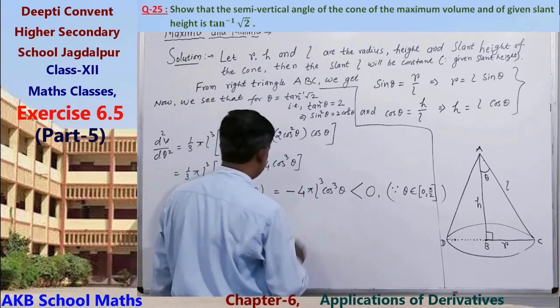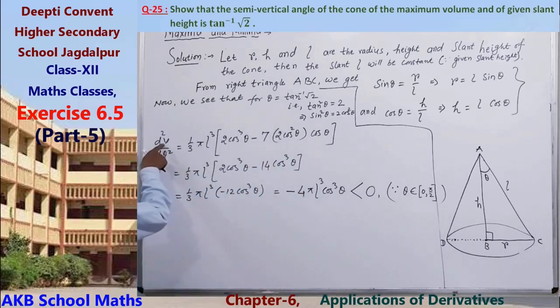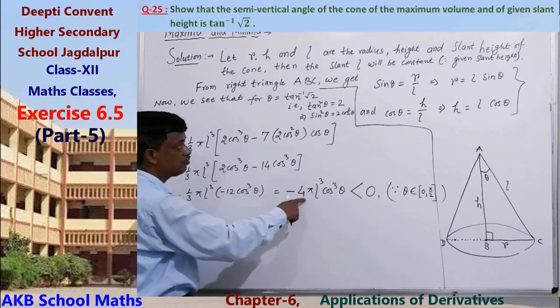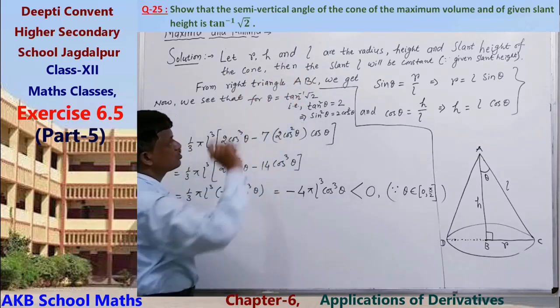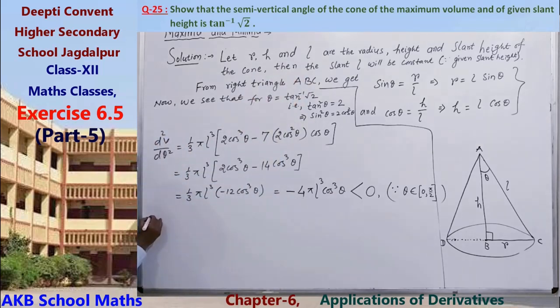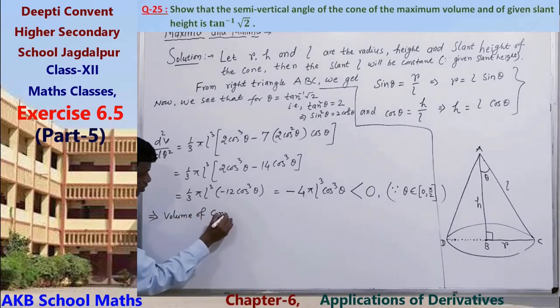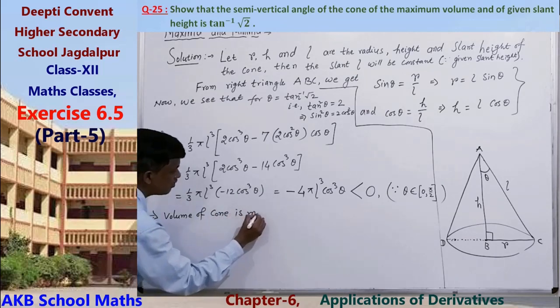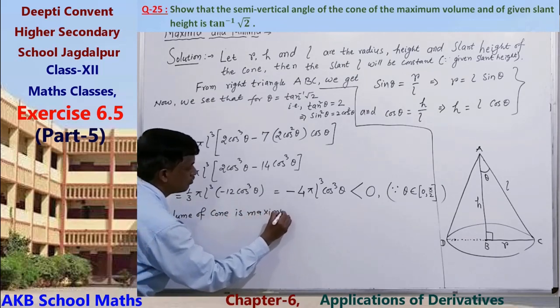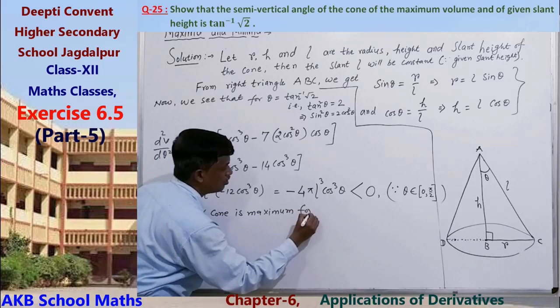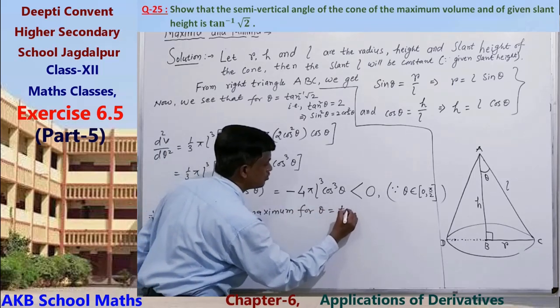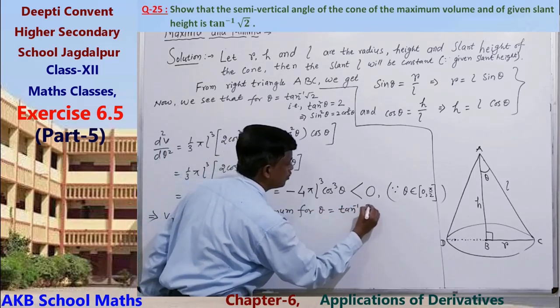So the second derivative is less than 0 for theta equals tan inverse root 2, which implies the volume of the cone is maximum for theta equals tan inverse root 2.